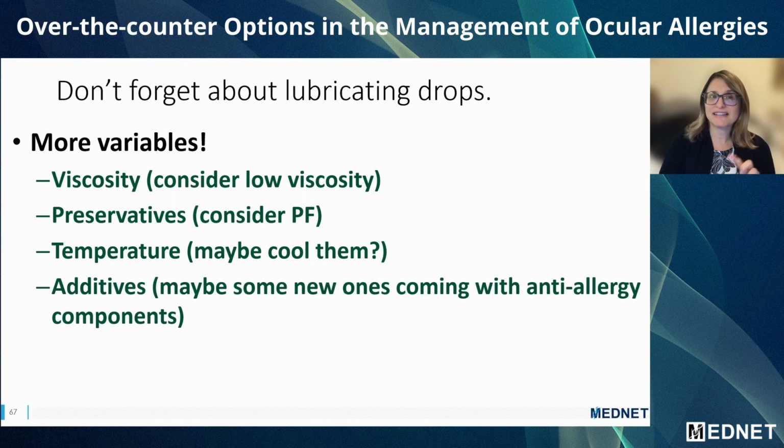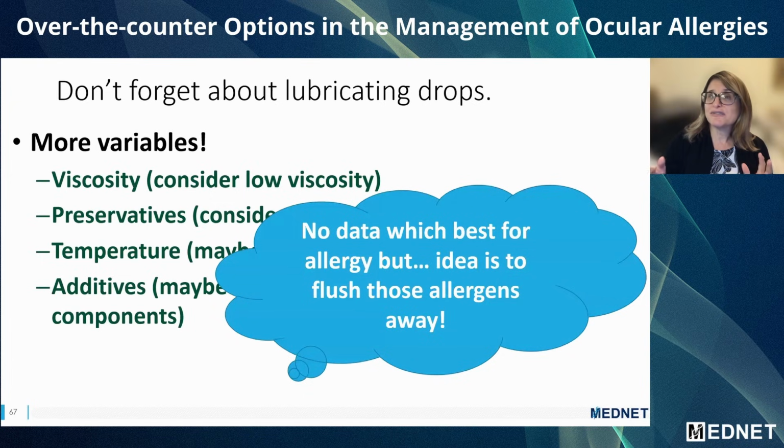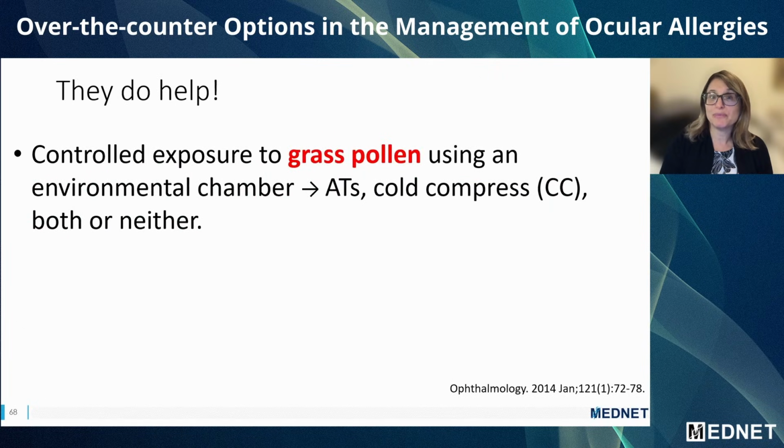And it's important to recognize that beyond the lubricating active agent, there are additives. And some of the new ones that are coming along that are going to be over the counter are going to have anti-allergy components. And so again, there's so many different types of lubricating drops, and there's no data on which is best for allergic conjunctivitis. But because the idea is to flush away the allergens and not to create more problems, low viscosity, no preservatives, and maybe cool them. And studies have shown that they do help.